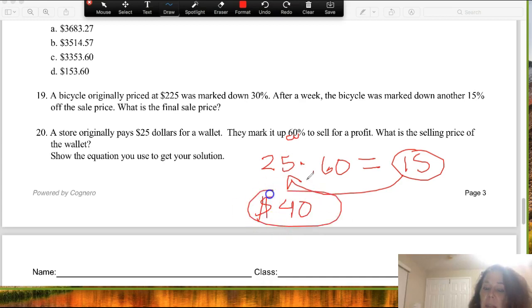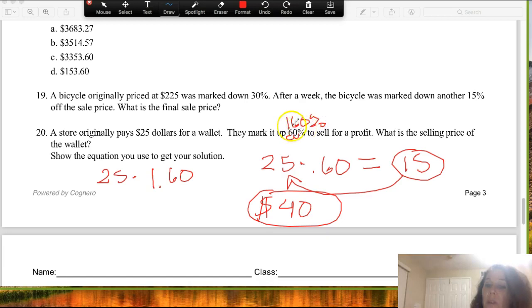That's my selling price. Or another way I could have done this is for markups, I can go $25. Since I'm selling it for 60% more, I take my original amount and I'm going to add on 60% of my original amount. So if I want my original amount, I would just go 25 times 1. That's my original amount. And then I'm going to go 25 times 60%. So I could just multiply 25 times 1.60, or 160%.